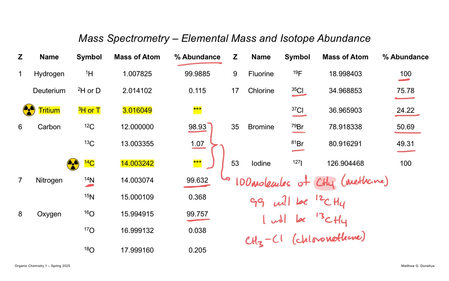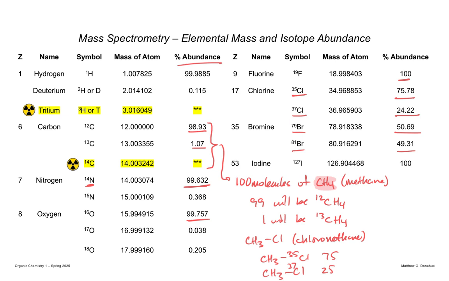For every 100 molecules of chloromethane, 75 of them would have that 35Cl, and 25 of them would have the 37Cl isotope. So that's how these elements exist in nature.